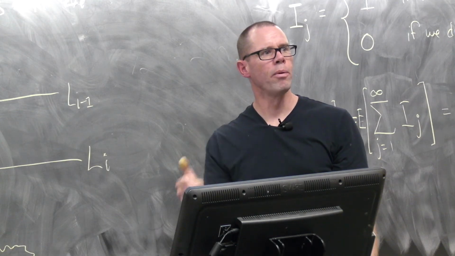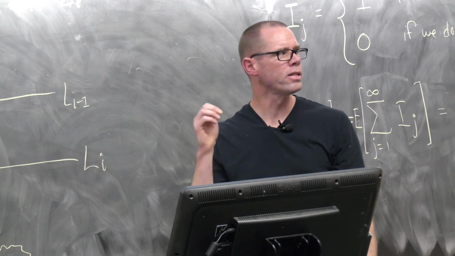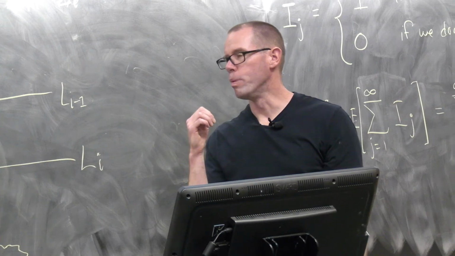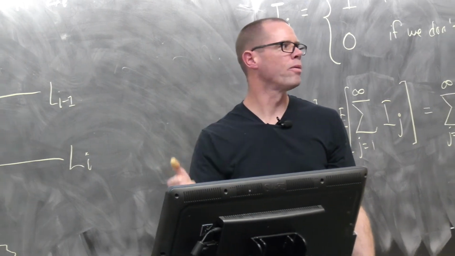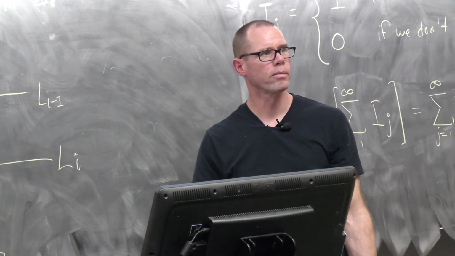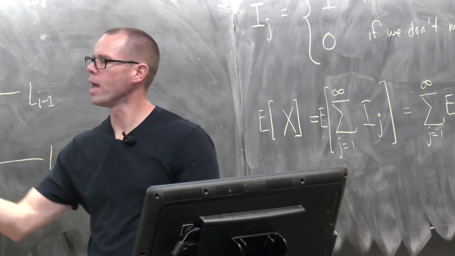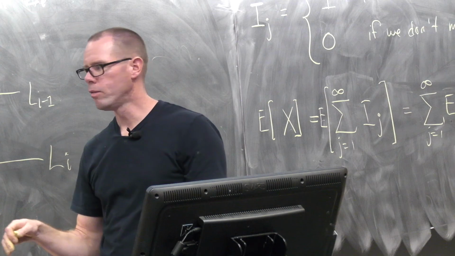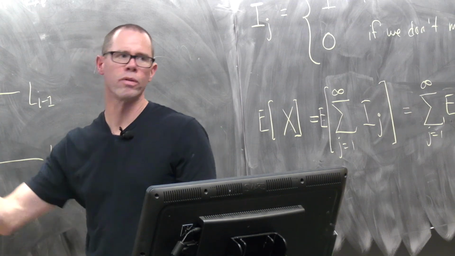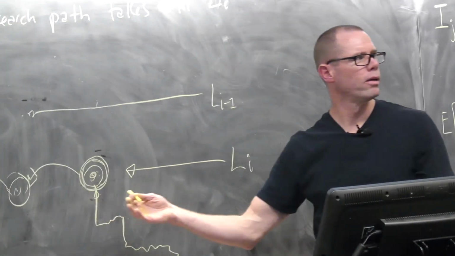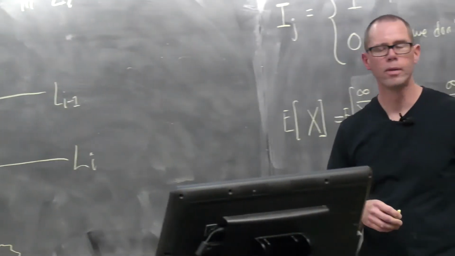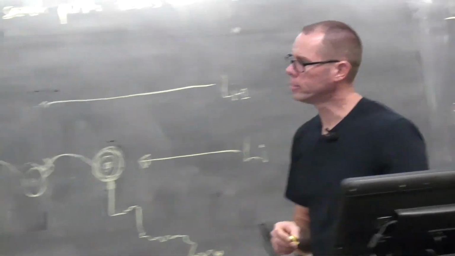And then you ask, how many times did I have to toss that coin before it came up heads? So not counting that last one that came up heads. If it comes up heads the first time, you don't spend any time going to the left. If it comes up heads the second time, well, you would have taken one step to the left, and so on.